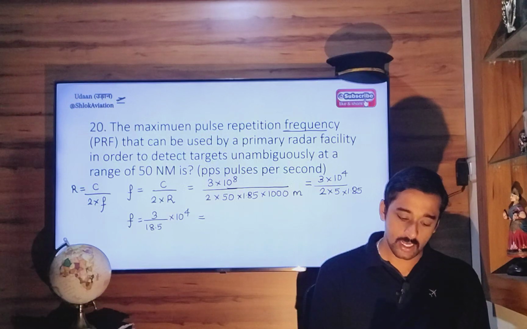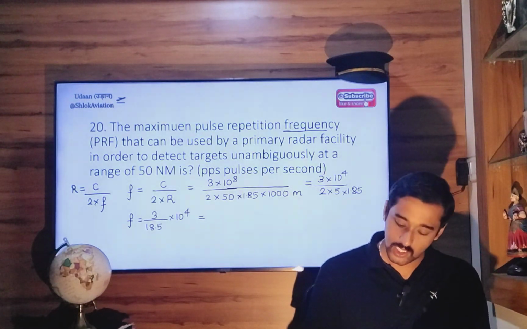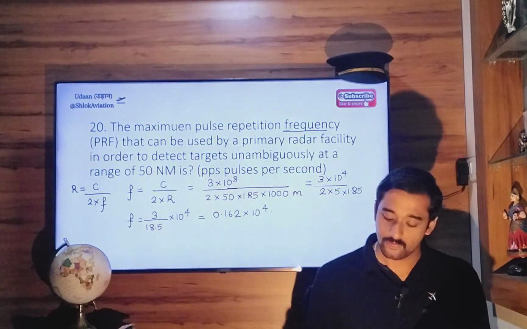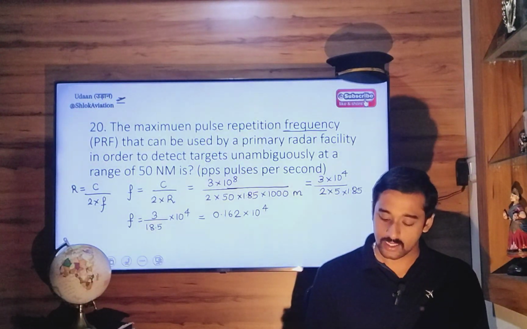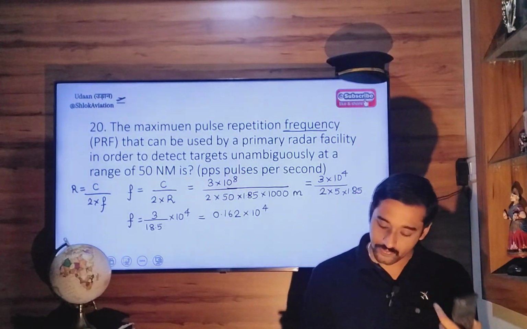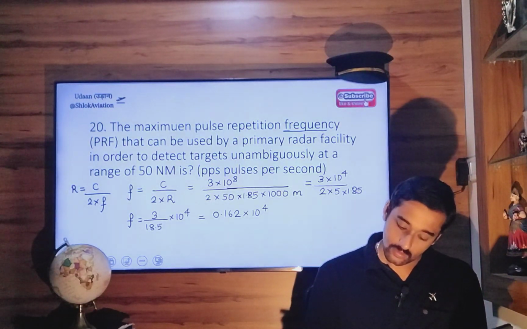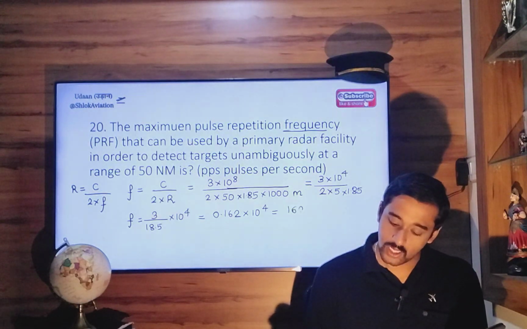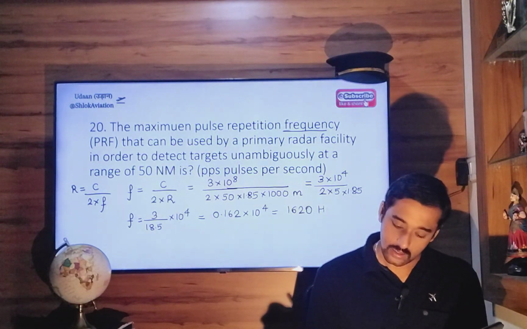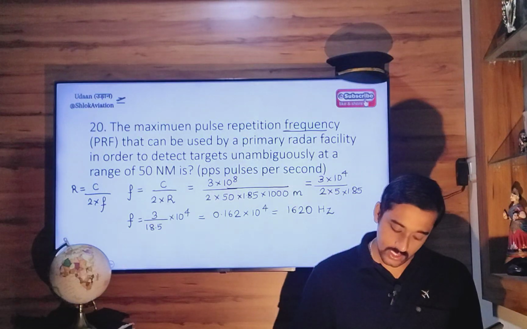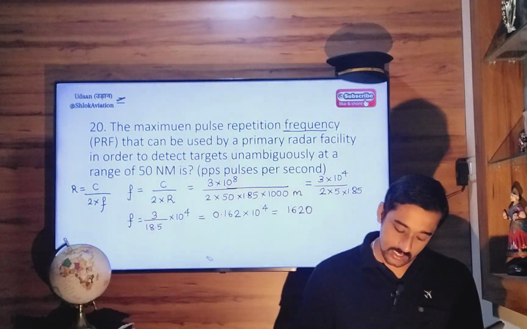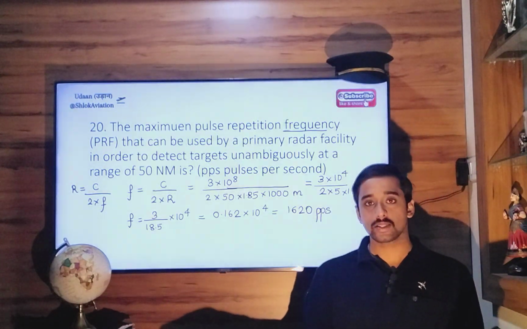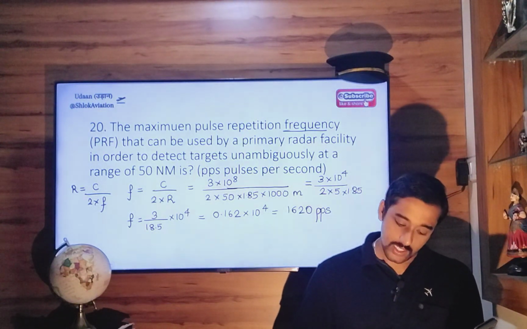So 3 divided by 18.5 is 0.162 into 10 raised to 4, that will be equal to 1620, or 1620 pulses per second. So I'll stop here.